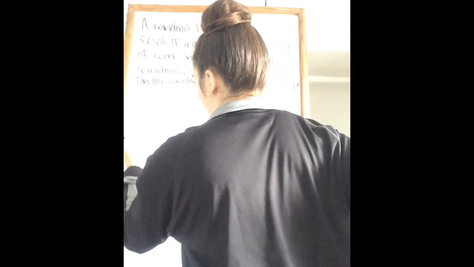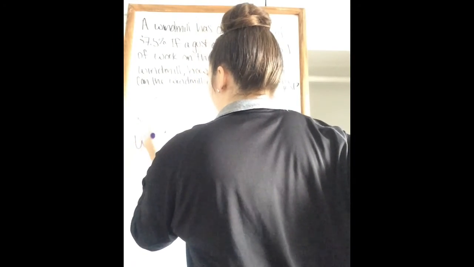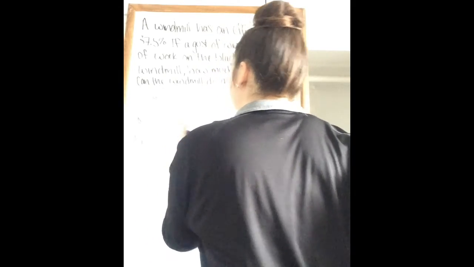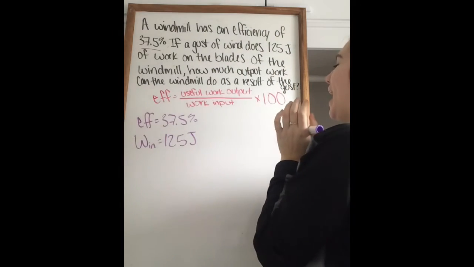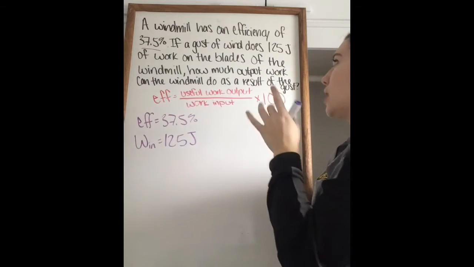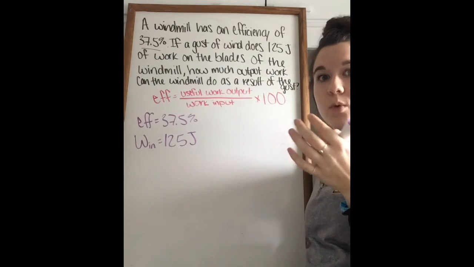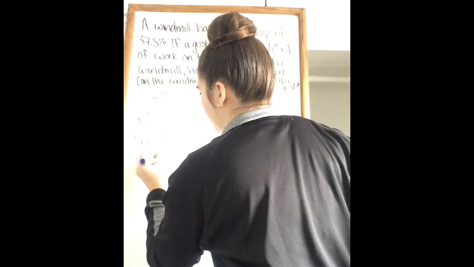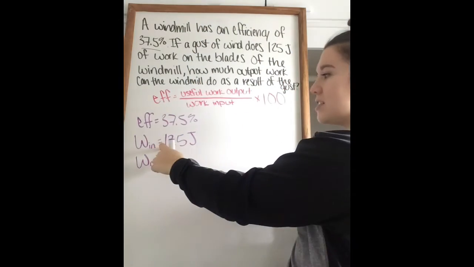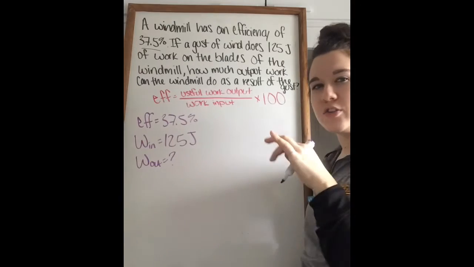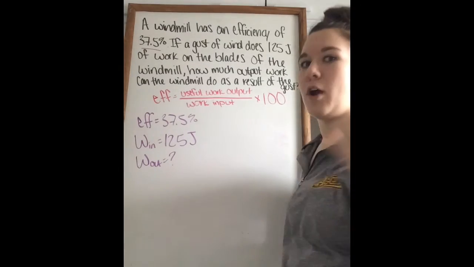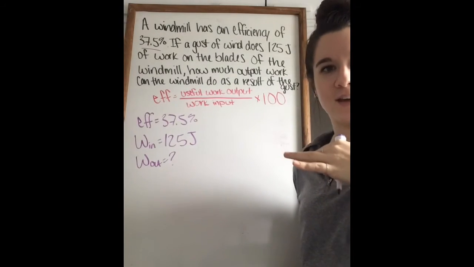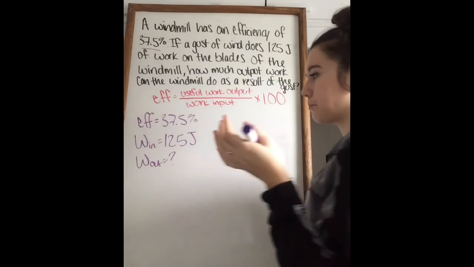So we have our work in equals 125 joules. And then it asks for how much output work can the windmill do. So obviously we are looking for work out. Okay, so if you weren't positive if that was in or out for the 125, okay, if it's asking for output work, we only have 2 options, so obviously the 125 would have to be your input.